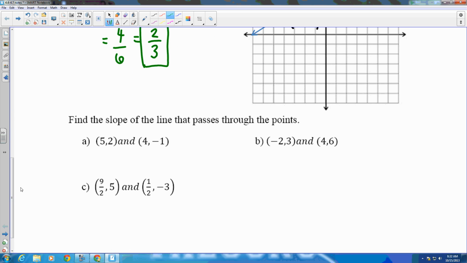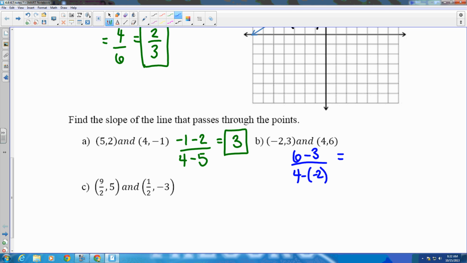Okay, so now we don't have an actual graph, we just have the points, so we need to find the slope of each line. So y2 minus y1 over x2 minus x1 is going to give us, for a, 6 minus 3 over 4 minus -2. It's going to give us 1/2. Just a quick note, we do not write slope as decimals.